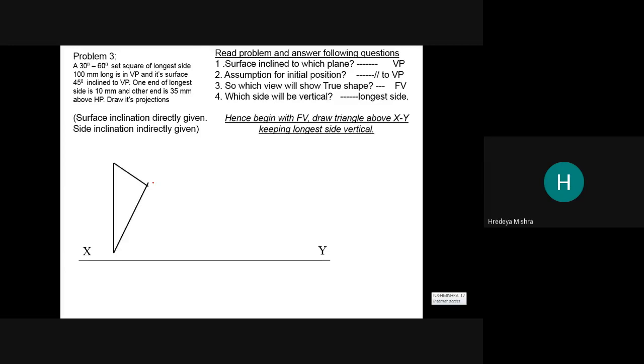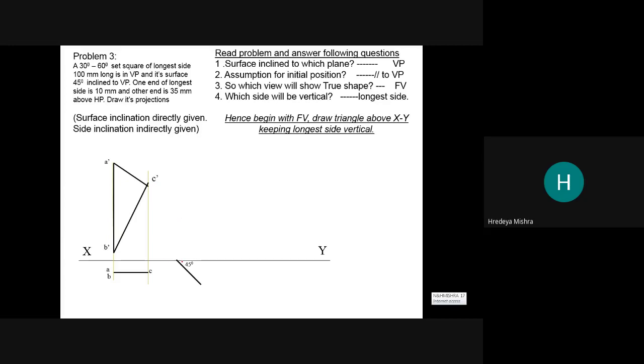See, the first step is the same as the previous. We just draw the same things, and we get A, B and C. The next step, the plane inclination is 45, so it is 45 inclination to the VP.